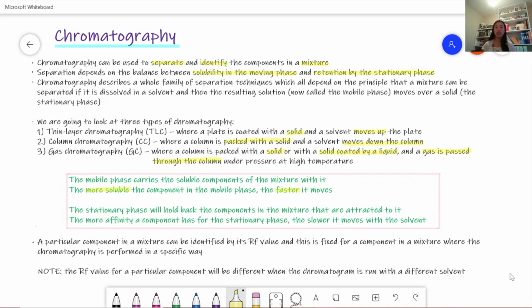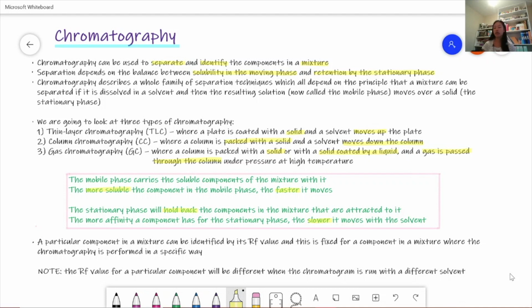The stationary phase holds back the components in the mixture that are attracted to it. The more affinity a component has for the stationary phase, the slower it moves with the solvent, because it's more attracted to the thing that's not moving.